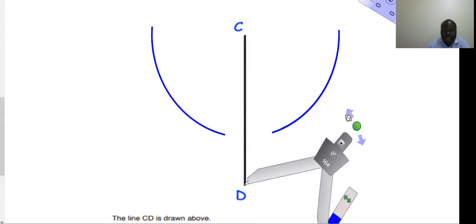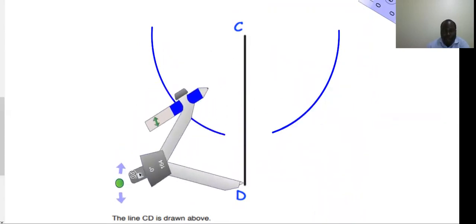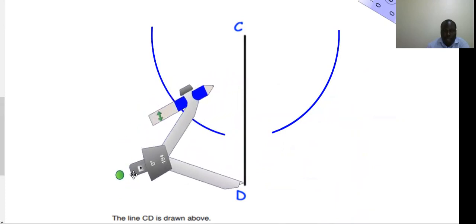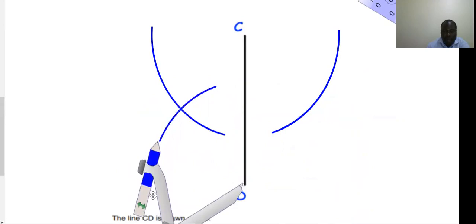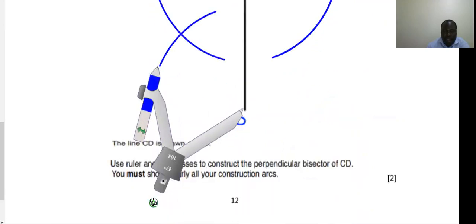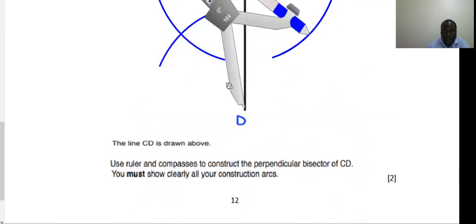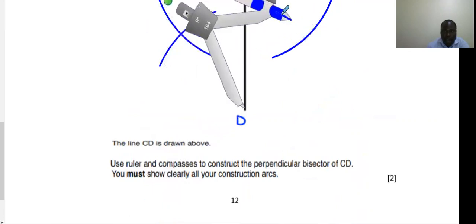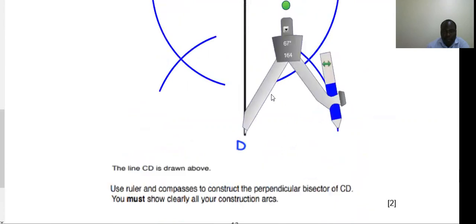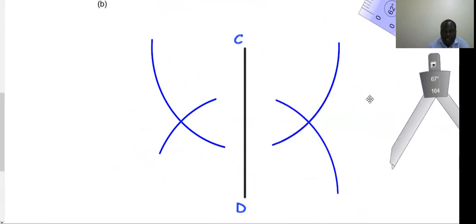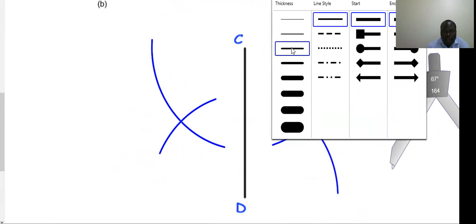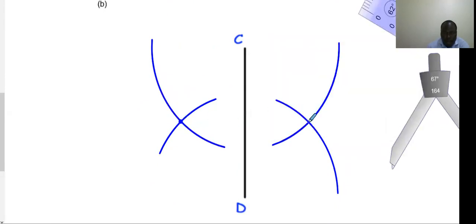Turn around your pair of compass so that you can cut this arc, and then turn around so that you can cut that arc there. Then you are done. Take out this, take out that. Then put a dot somewhere here, and put a dot somewhere there.